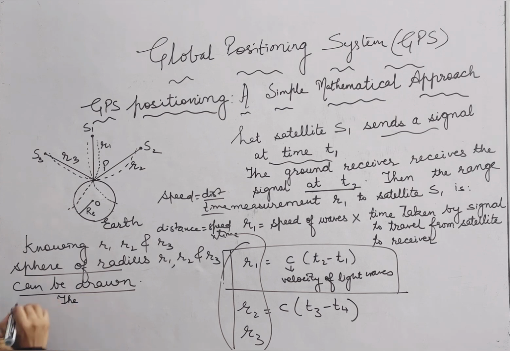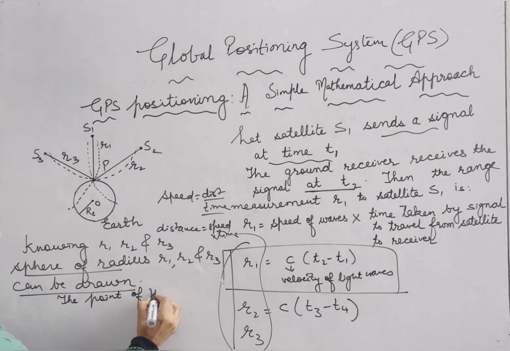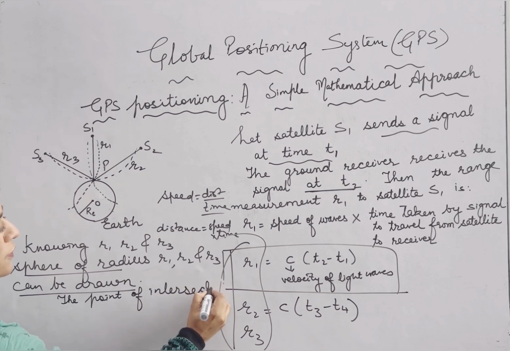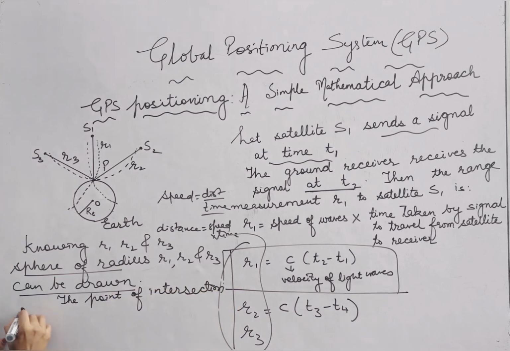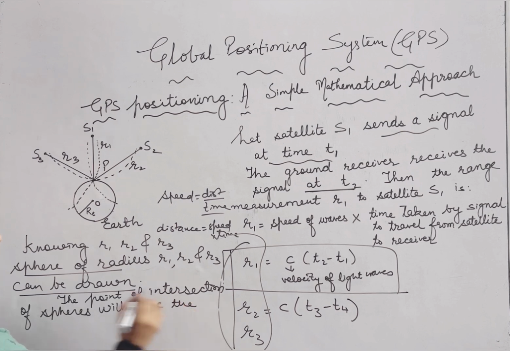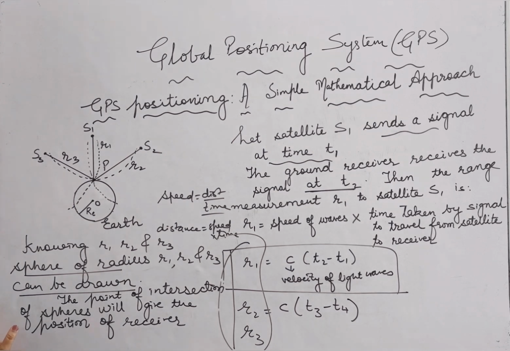The point of intersection of the spheres will give the position of the receiver. So this is how the GPS system finds the position of a receiver.